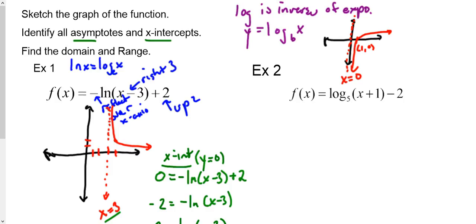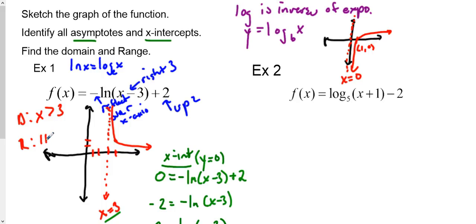We also want to figure out what our domain and range are. Well, the domain, you can see, is what x values we're using. We're not using any values less than 3, so we're only using x values which are greater than 3. Our range, since it's a vertical asymptote, goes up all the way here, but also this increases, all the way down to negative infinity.